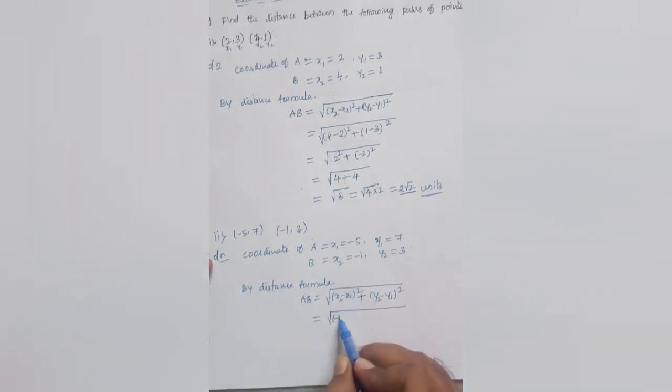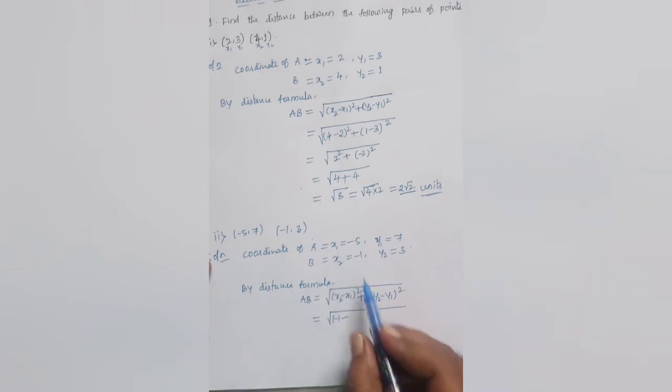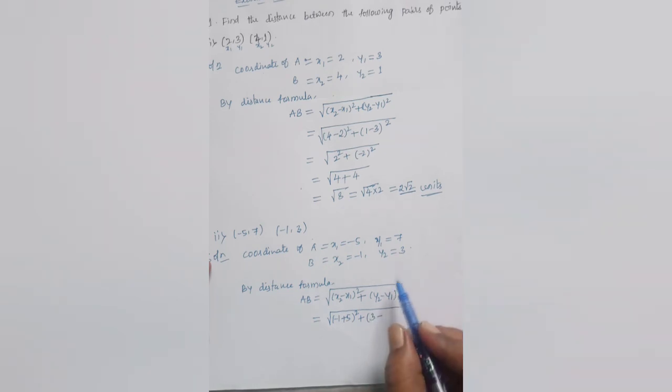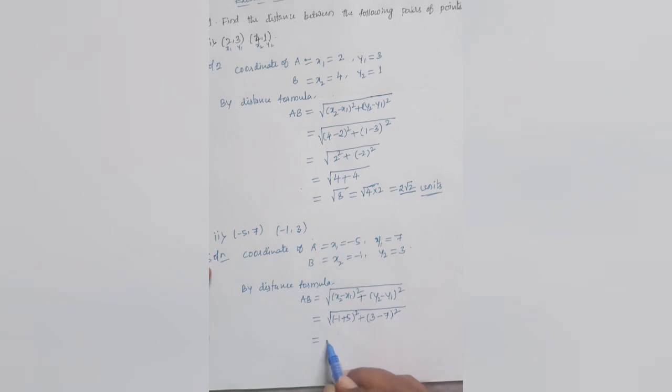x2 is minus 1 minus x1 is minus 5, minus of minus gives us plus 5, whole square, plus y2 is 3 minus y1 is 7, 3 minus 7 whole square. That gives us minus 1 plus 5 is 4 square, plus 3 minus 7 is minus 4 square. 4 square is 16, plus minus 4 square is also 16, because minus 4 into minus 4 gives us 16.